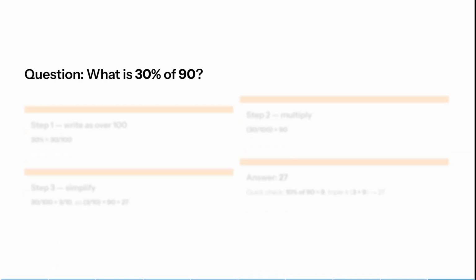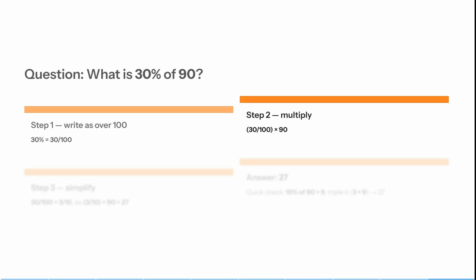Last one then, what is 30% of 90? So pause the video there, have a go, then we'll carefully go through the answer. So step 1, write it as over 100, so 30 over 100, multiply that into the 90. So first thing, we can simplify the 30 over 100 to 3/10.